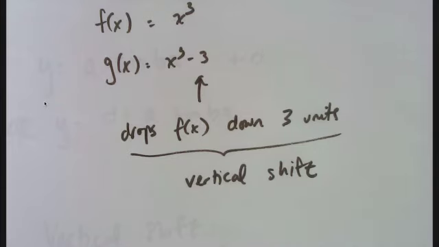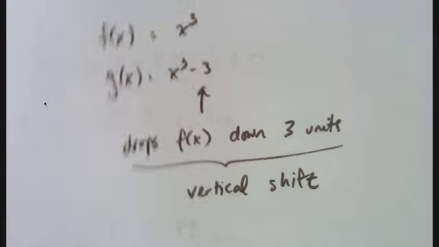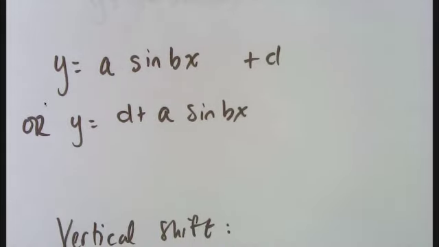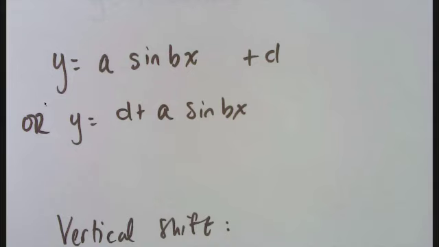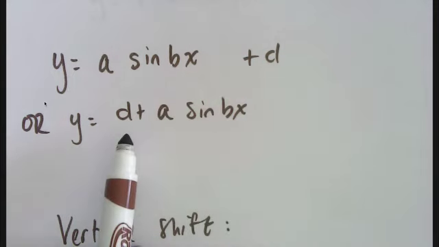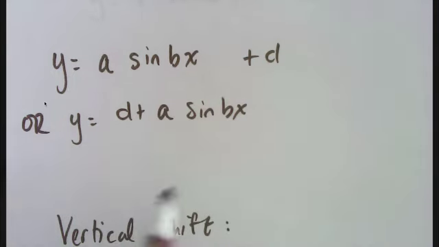We're going to be applying this to our sine and cosine graphs. So without further ado, here was what your equations are in the cat packet. You have y equals a times sine of bx plus d, or you could have that last constant come in the front to have y equals d plus a times the sine of bx.